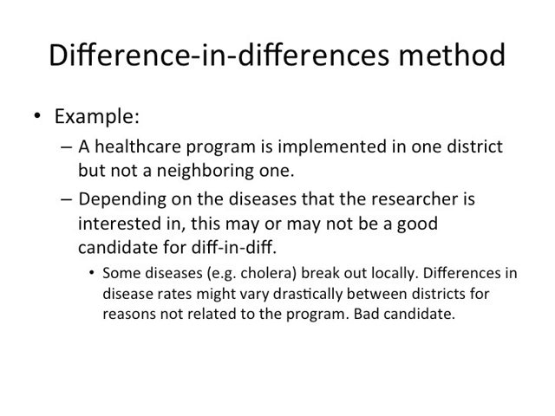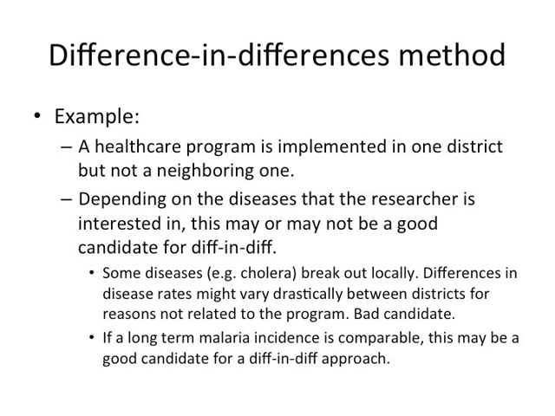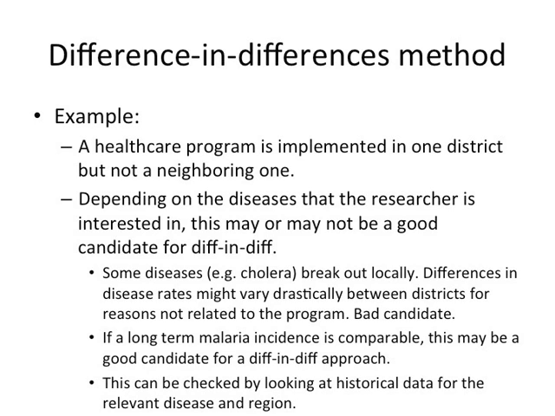This makes it likely that changes in each area will be quite different. With malaria, on the other hand, diff and diff might make sense, since malaria incidence is more stable from year to year and from village to village. Again, historical data can help to sort this out.